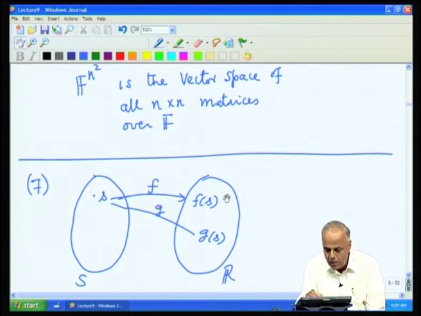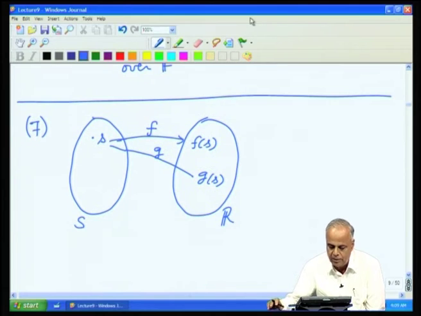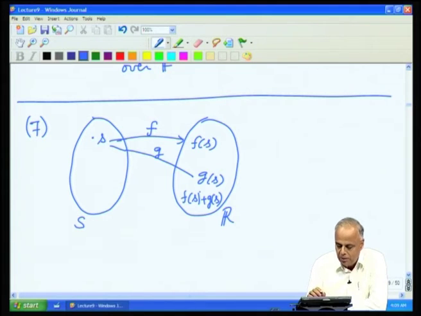Note that the value of the function f is in R and the value of the function g is in R. Therefore, f(s) is a real number, g(s) is a real number, so we can add f(s) and g(s). We get f(s) plus g(s), and that is also a real number.